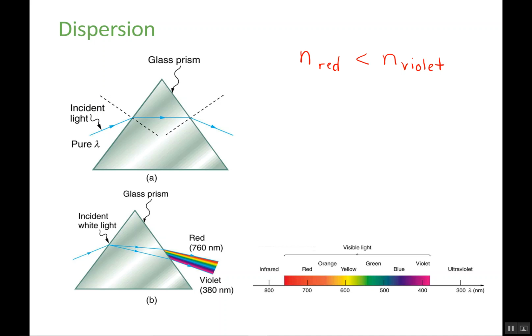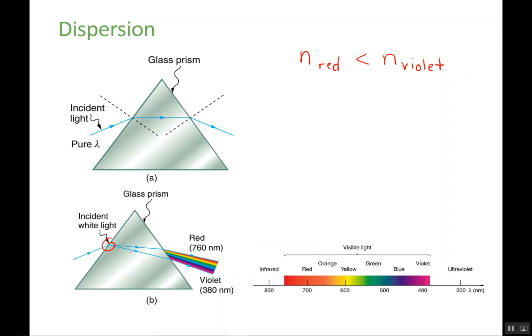For example, the index of refraction of red is smaller than the index of refraction for violet. So when red light, which is part of the white light that's incident on this prism, strikes the boundary between the air and the prism on this side, it bends a little bit less than the violet light.